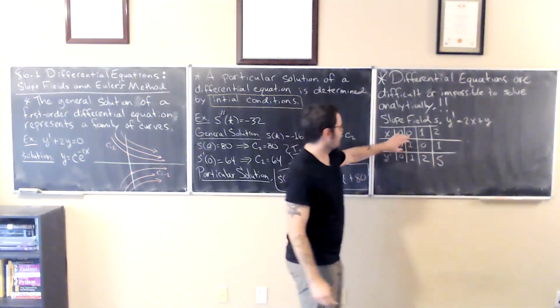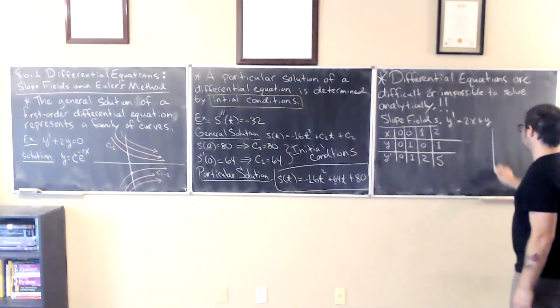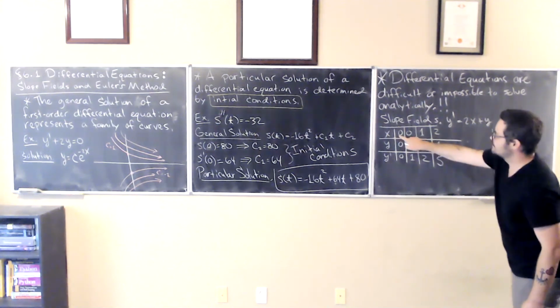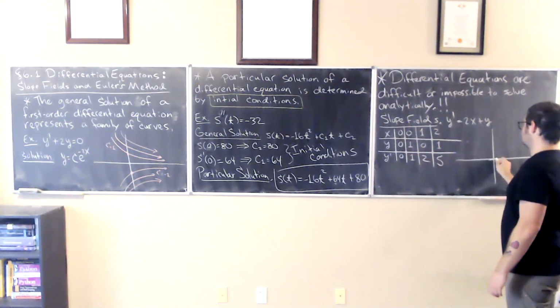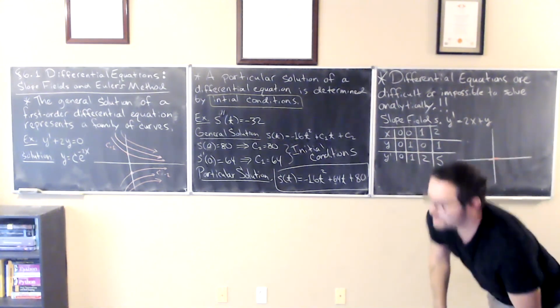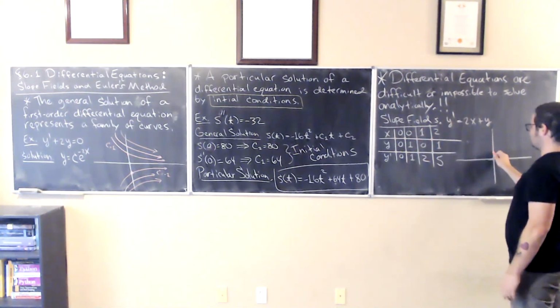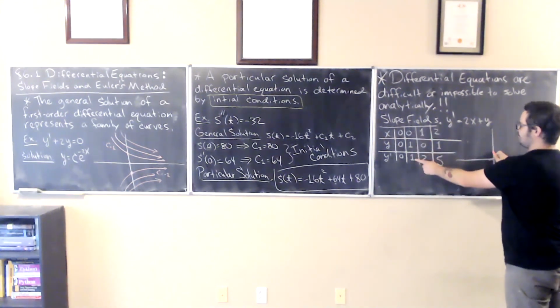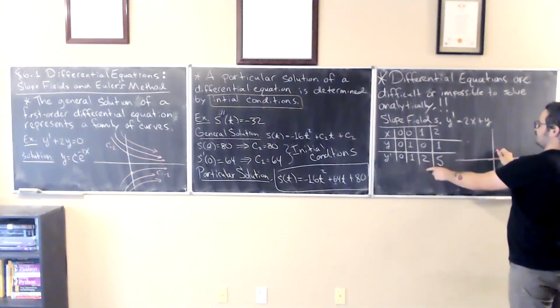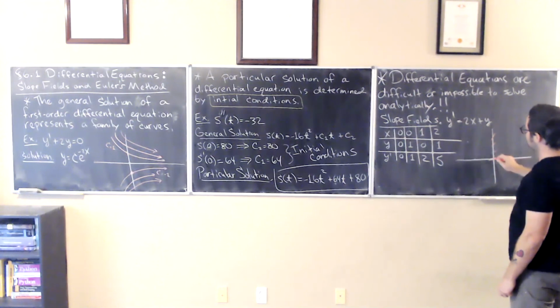What we're doing is looking at points, and then looking at the slope of the tangent line at those points. At 0, 0, the slope is 0. I'm using a different color, red. When we're at 0, 1, the slope is 1. At 0, 2, the slope is 2, a little bit steeper. At 0, 3, it's a little bit steeper.